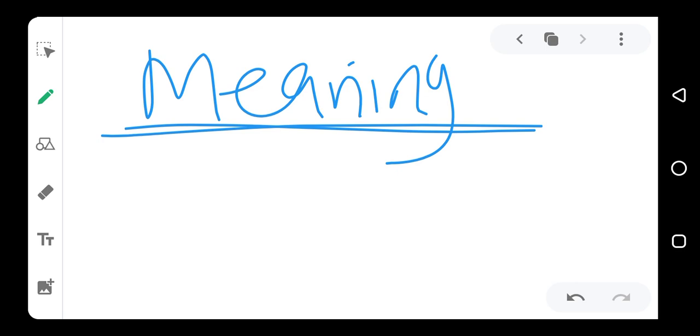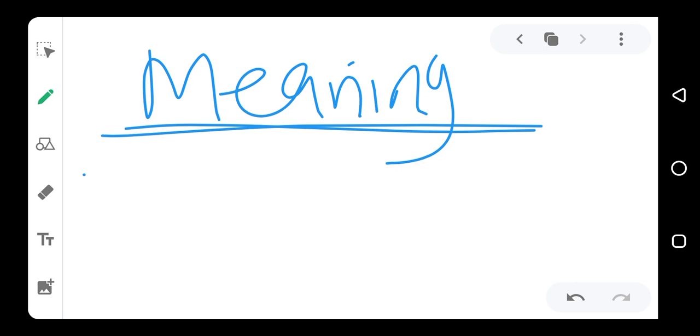So what is an adjective? An adjective is a word that qualifies a noun or a pronoun, or a word that says more about a noun or a pronoun.